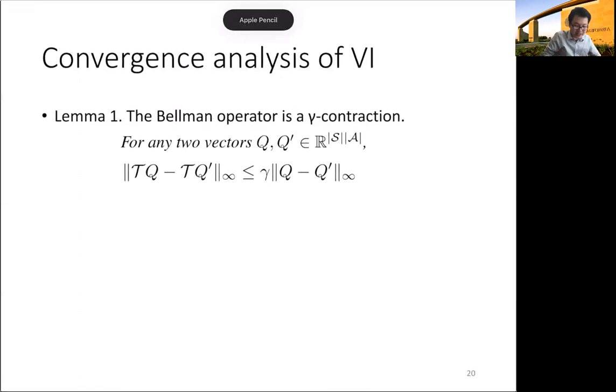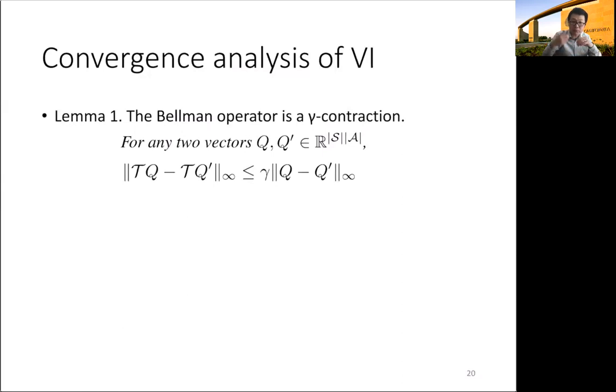The idea is that once we apply this Bellman operator, the difference between any two vectors, Q minus Q prime, will always get smaller, and the extent to which it gets smaller is exponential. Notice that gamma is strictly smaller than 1.